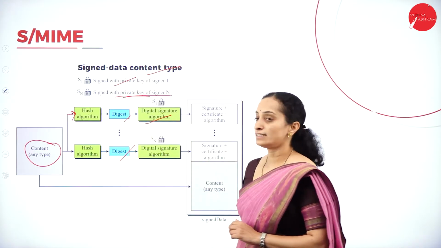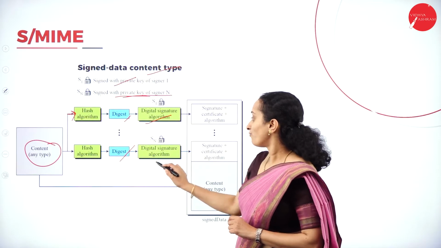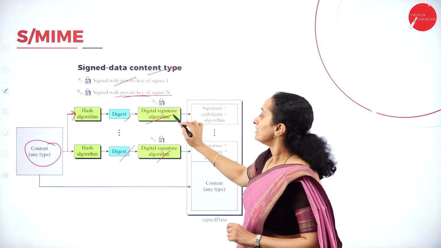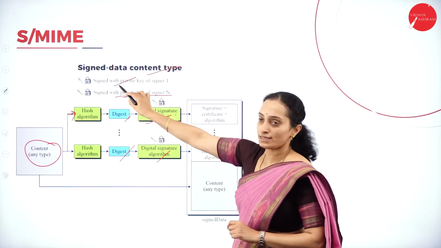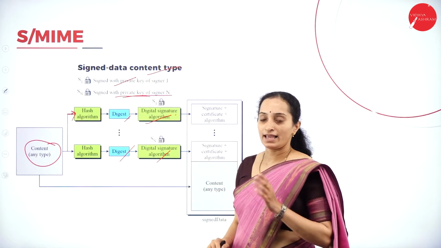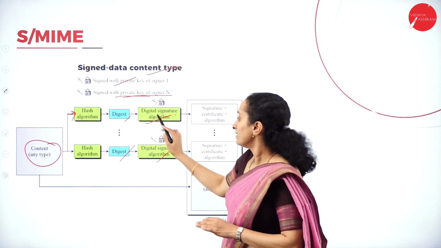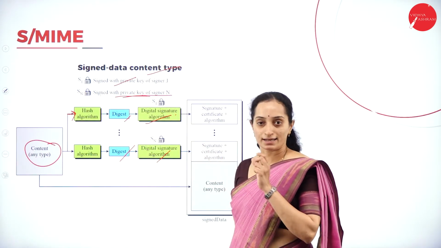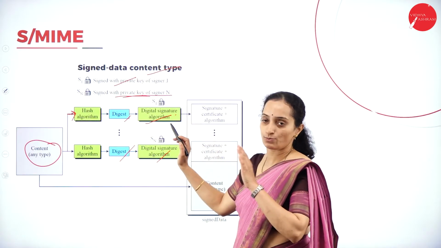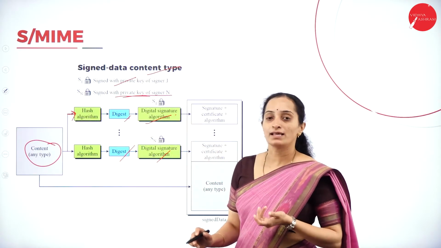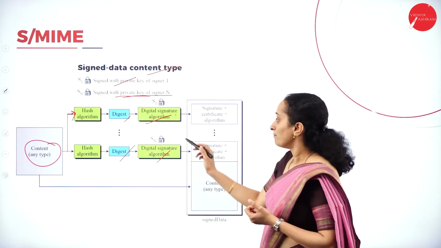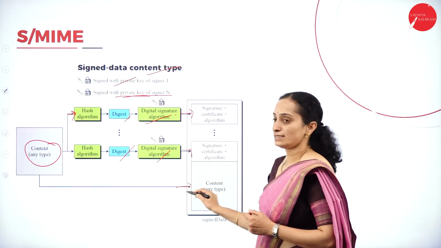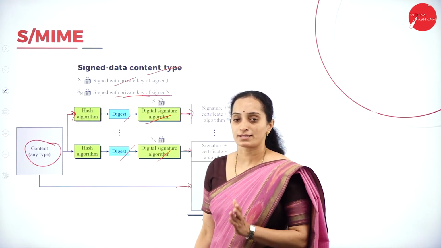Now we have the digital signature algorithm applied for both, but with different keys. So first message will have digital signature algorithm, which uses the private key from first signer. And we have another message that is signed with private key of another signer, that is n. We have two signers, 1 and n. It will be double secured by using two different private keys and will be given to the signed data to be transmitted over the network.